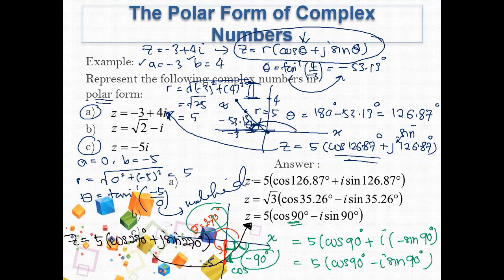Okay, we don't put the negative sign in the negative 90 here, because when we press negative 90, we will get a negative value. So to be nice, we just put the negative in the front here. So you have two ways to write it.